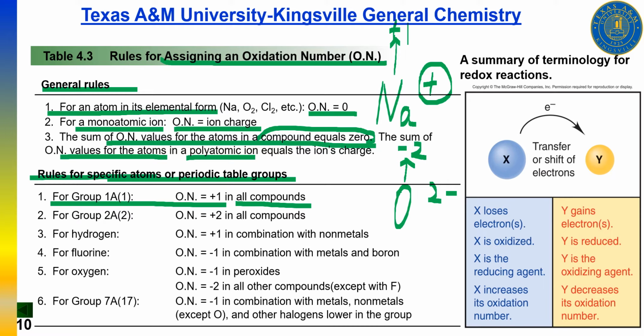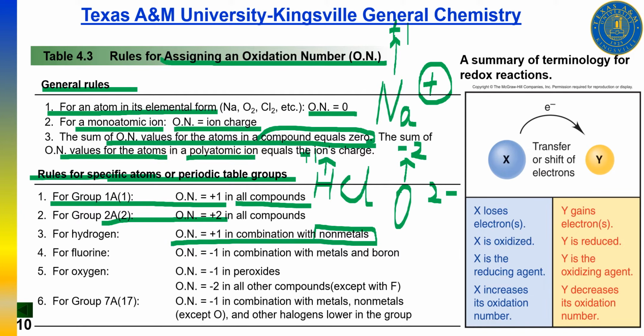Group 2, beryllium, magnesium, calcium, strontium, etc., have the oxidation number +2 in all compounds. For your hydrogen, if you combine with a non-metal such as HCl or H2O, the hydrogen has an oxidation number +1.